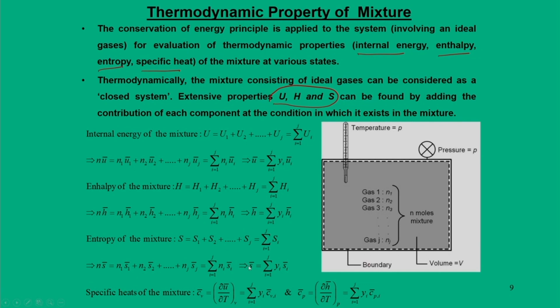Entropy of the mixture, S bar, is equal to the summation of Yi into Si bar. Specific heat at constant volume, Cv bar, is nothing but du bar by dT. Then we know what u bar is, so we can find du bar by dT.